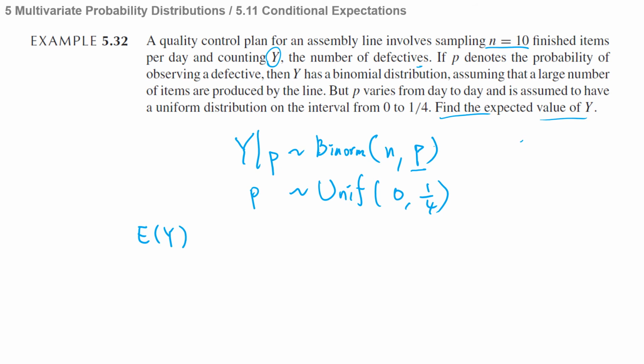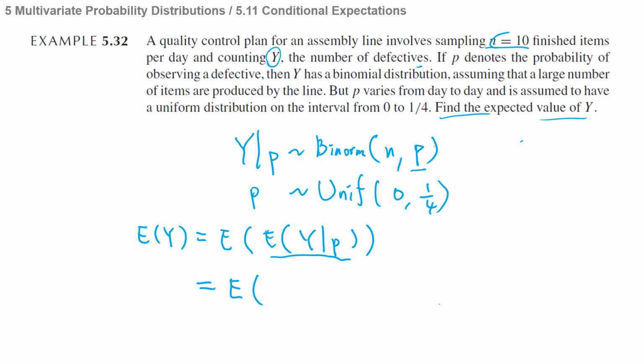and to calculate the expected value of y, we can calculate it like this: the expected value of the expected value of y given p. So from here, the expected value of y given p, since it follows a binomial distribution with n and p, is n times p.